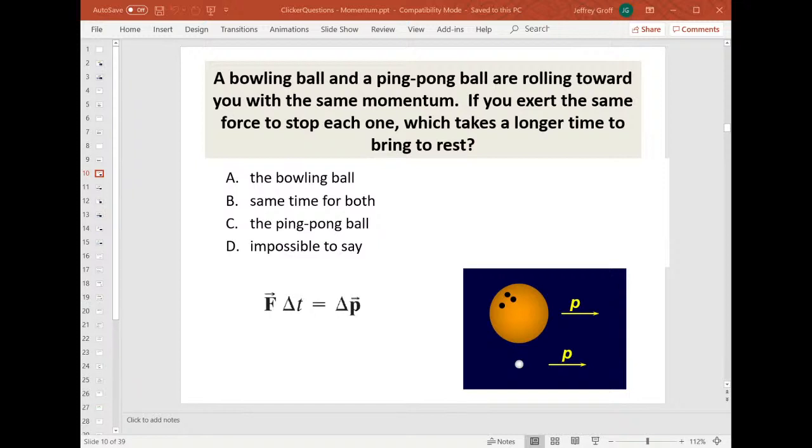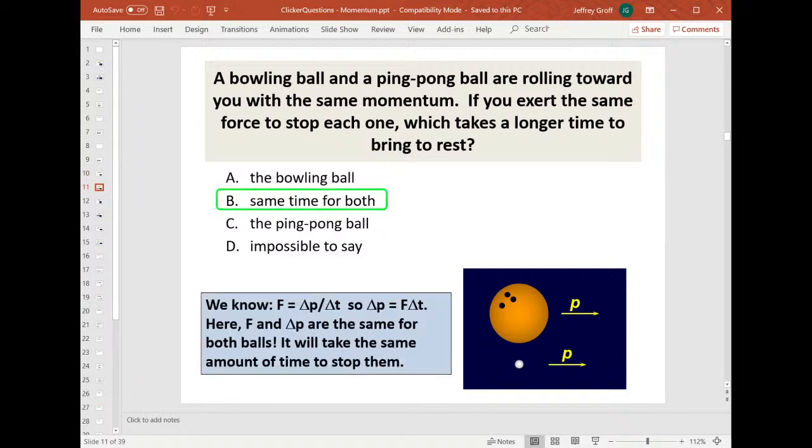Okay, all right, so I'm getting some of you, your favorite answer is B, same time for both, but I got a few answers for A and C, the ping pong ball. So the correct answer is, drum roll please, B, same time for both. Okay, so you approach this mathematically.